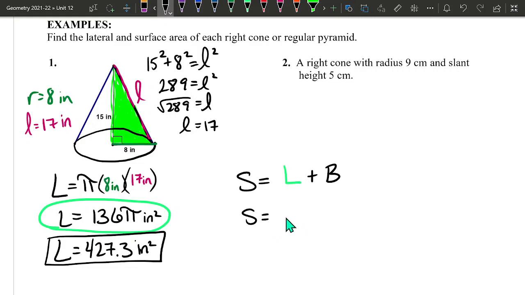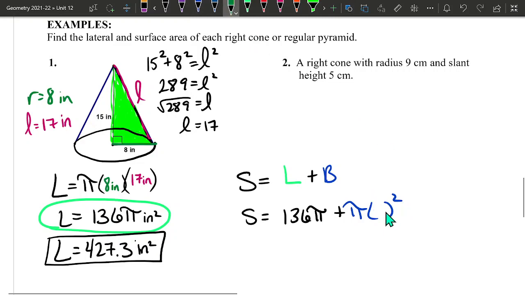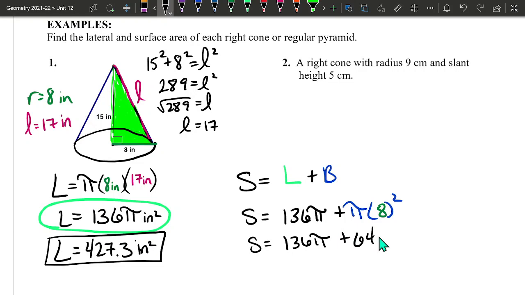So S equals 136 pi plus area of the base for a circle is pi r squared. So pi r squared. And we know the radius already because we already used it. It's 8. So then the total surface area is 136 pi plus 8 squared is 64 pi.